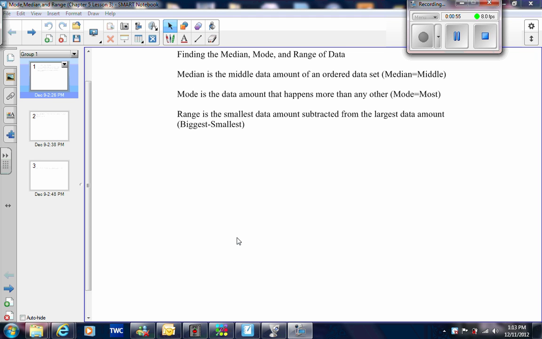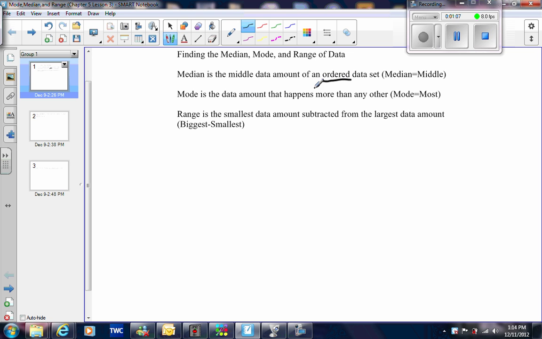So when you see it where it says median is the middle data amount of an ordered data set, that word ordered means it's put in order from least to greatest. So when you take the data and put it in order from least to greatest, the median is going to be that middle one.